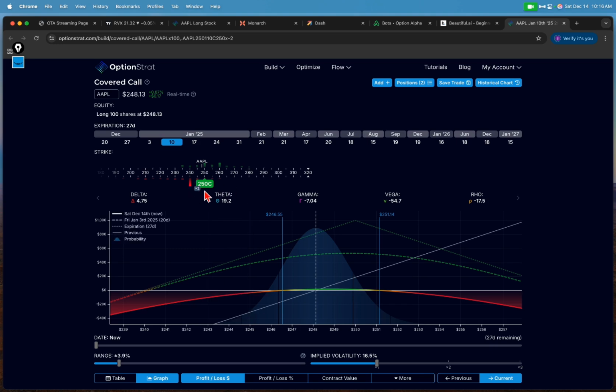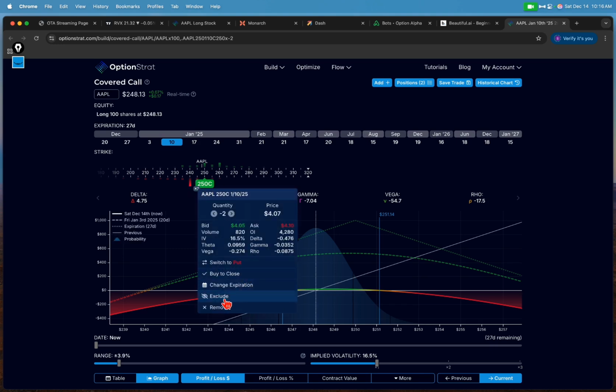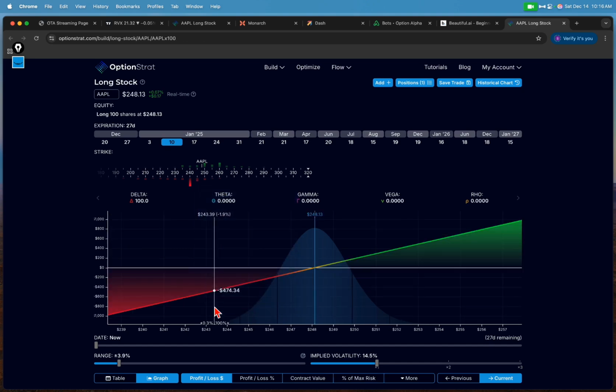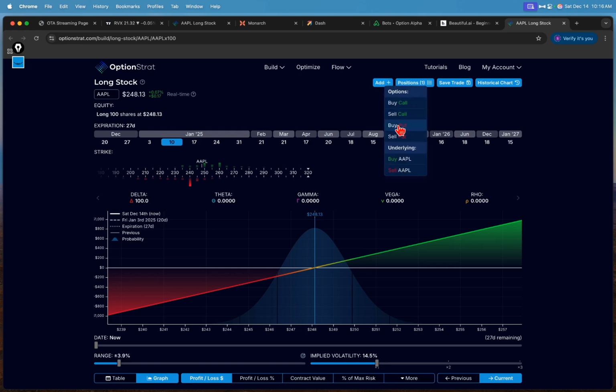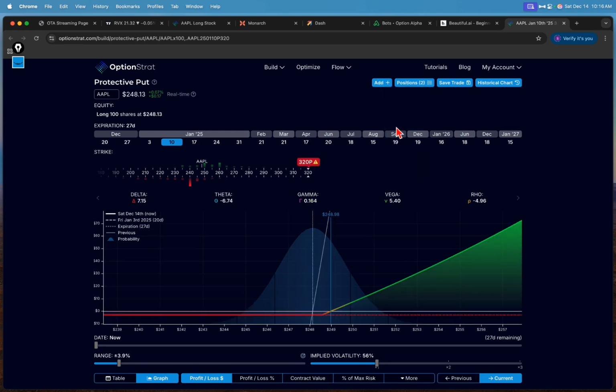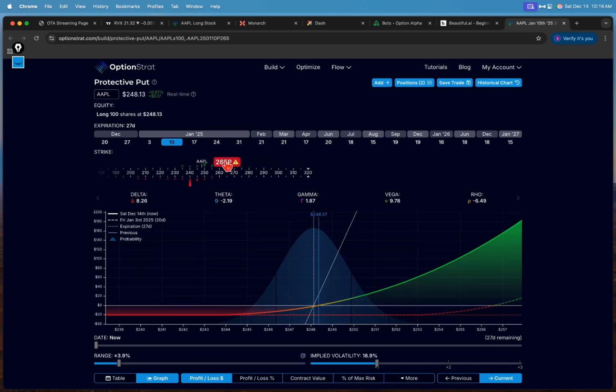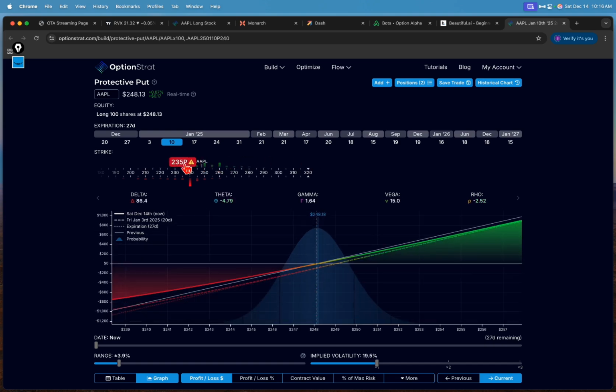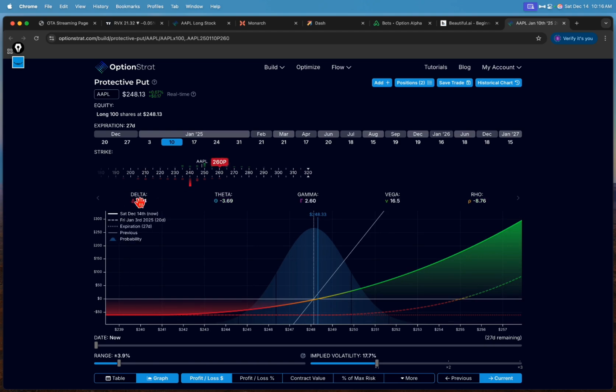Now, I showed here how I can do this hedge selling calls. Let me just remove that now. Another thing I could do is come in and buy puts. And I could buy puts at different points. Depending on where I buy that put, we can see that my deltas change here as well.